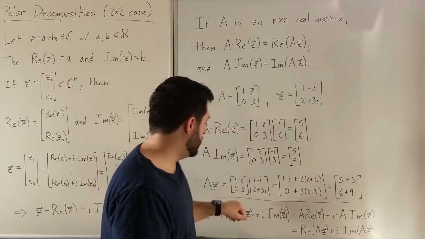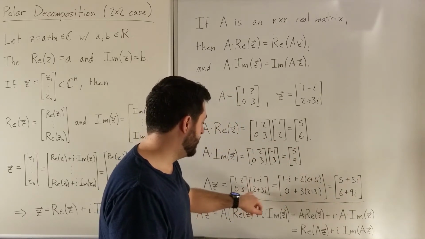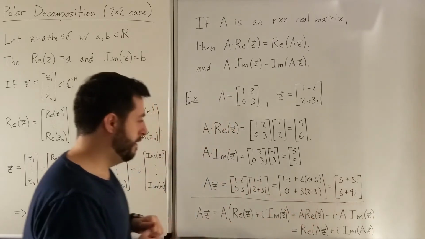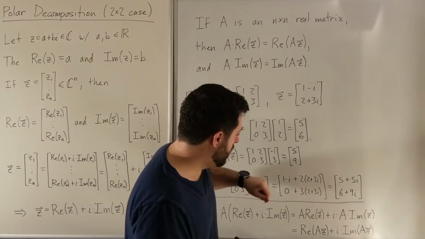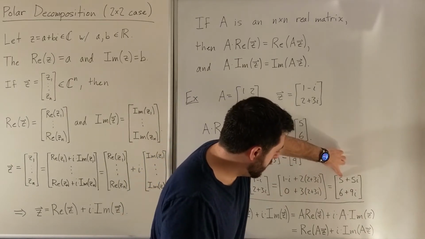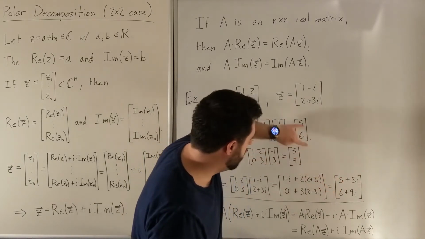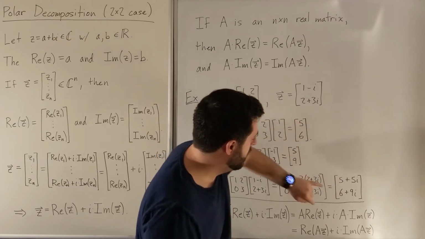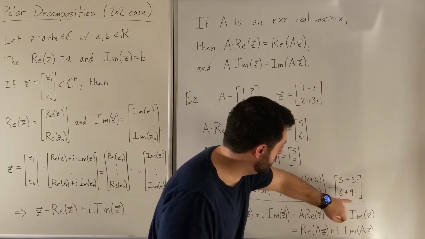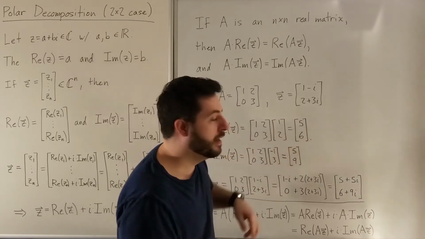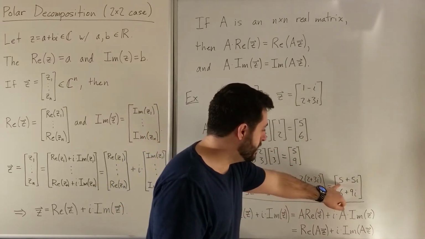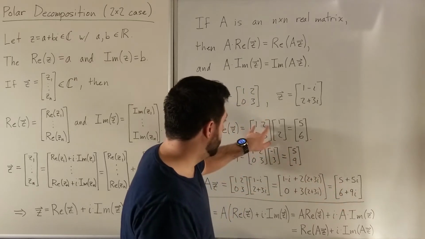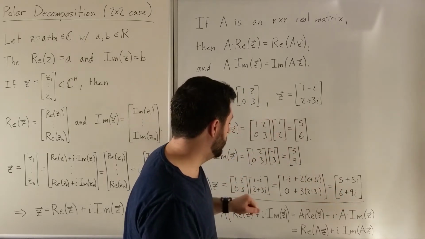And this bottom part is 0 times the first coordinate plus 3 times the second coordinate. And when we simplify that out, this 5 right here and this 6 right here are matching this 5 and 6. This 5 here and this 9 here are matching this 5 and 9, and that will always work out. Okay, so just to note, where does this 5 come from? This was the 1 times 1 plus 2 times 2.